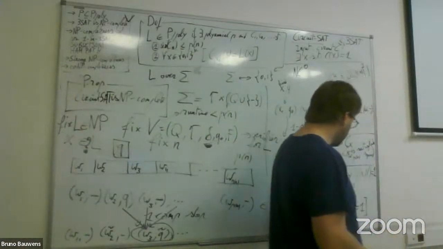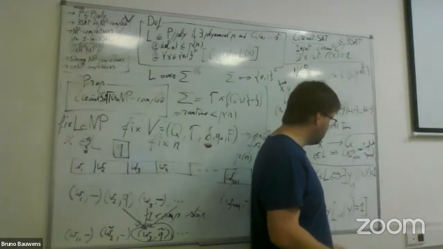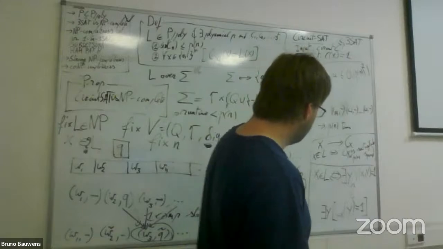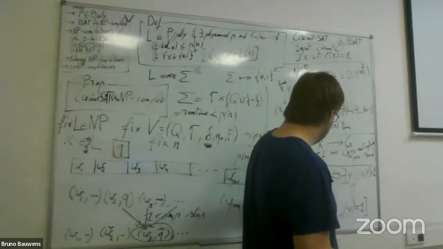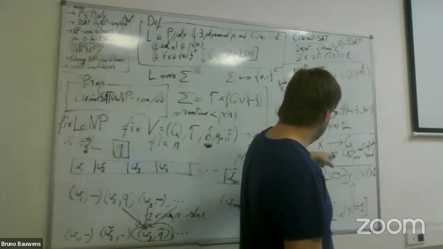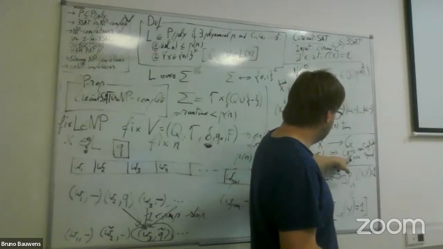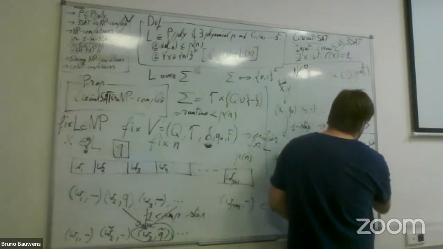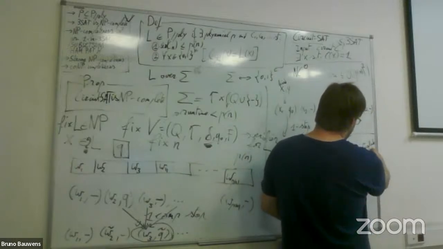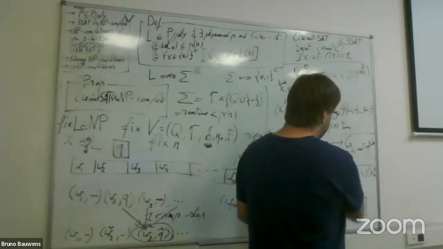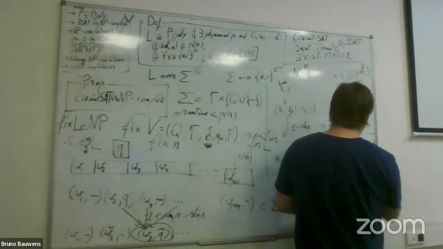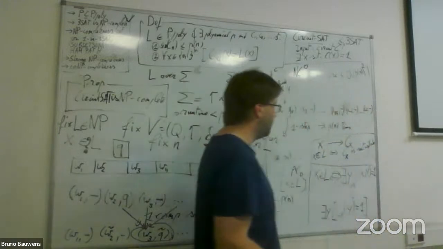Here I would call them Y. And C_X is satisfiable if and only if X is in the language. And X is a subscript because the circuit itself is a function of X.